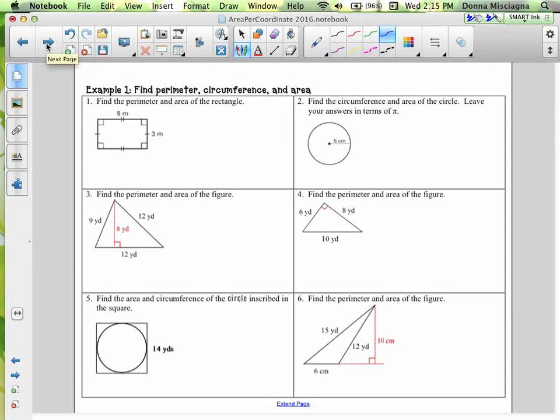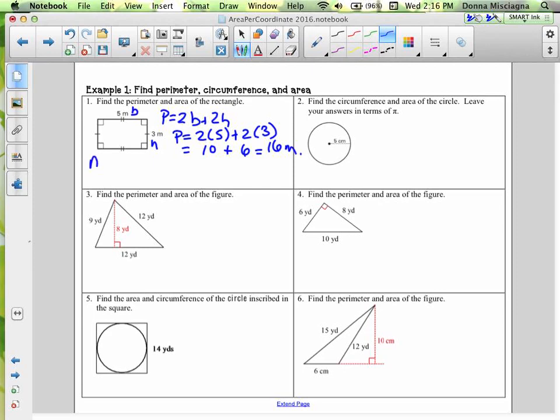All right, so to find the perimeter here, I just have to take 2 times the base and 2 times the height. Doesn't really matter whose base and height. I tend to call the horizontal one the base and the vertical one the height, but if you switched them, you'd still get the same answer. So our perimeter here is 2 times 5 plus 2 times 3, which is 10 plus 6, or 16 meters.